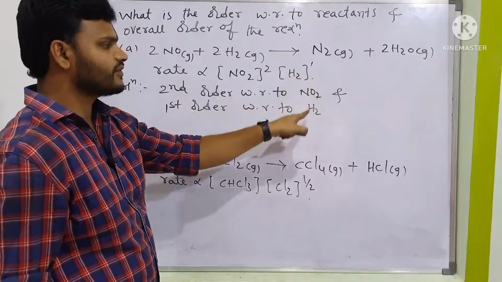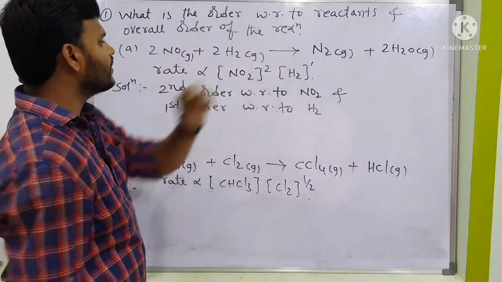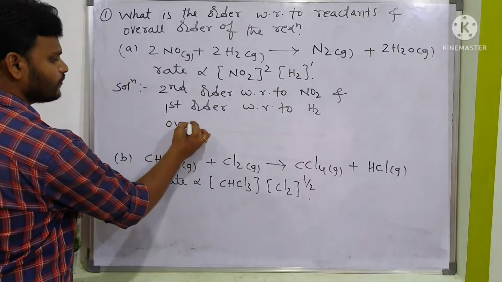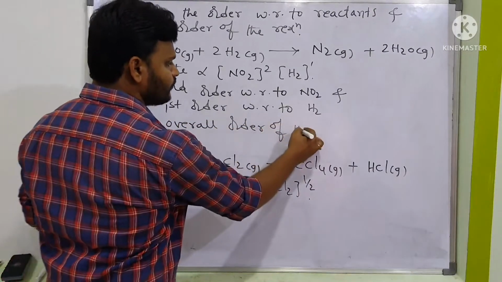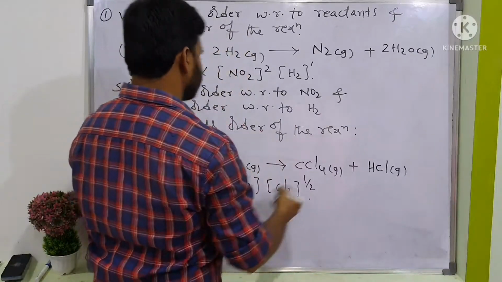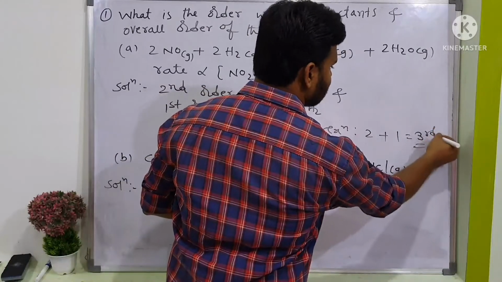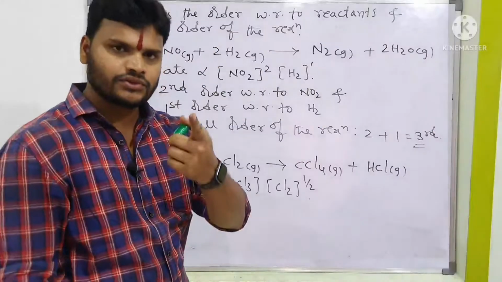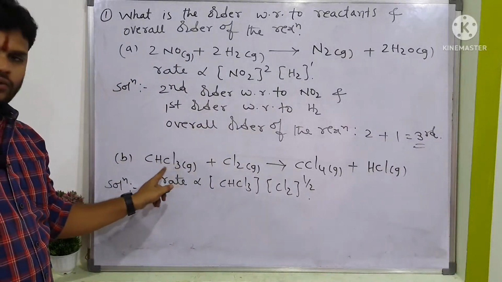One is nothing but first order with respect to H2 reactant. So next, overall order of the reaction. Overall order of the reaction is nothing but just summation. Second order plus first order. Total third order. What is the overall order of the reaction? Third order. Very simple.